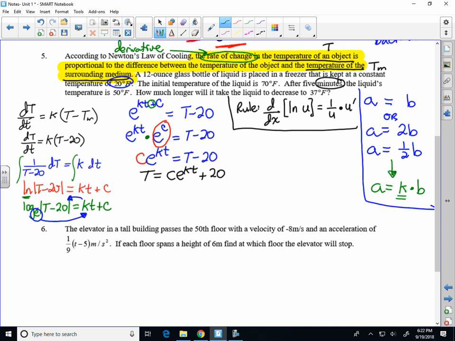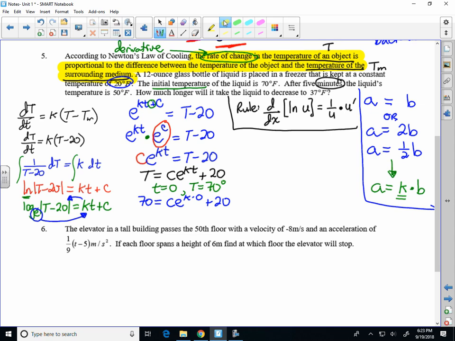So we have an initial temperature. That means time t equals 0, giving temperature, capital T, 70 degrees Fahrenheit. So let's pop that in. 70 for the capital T equals c e to the k times 0, plus 20.